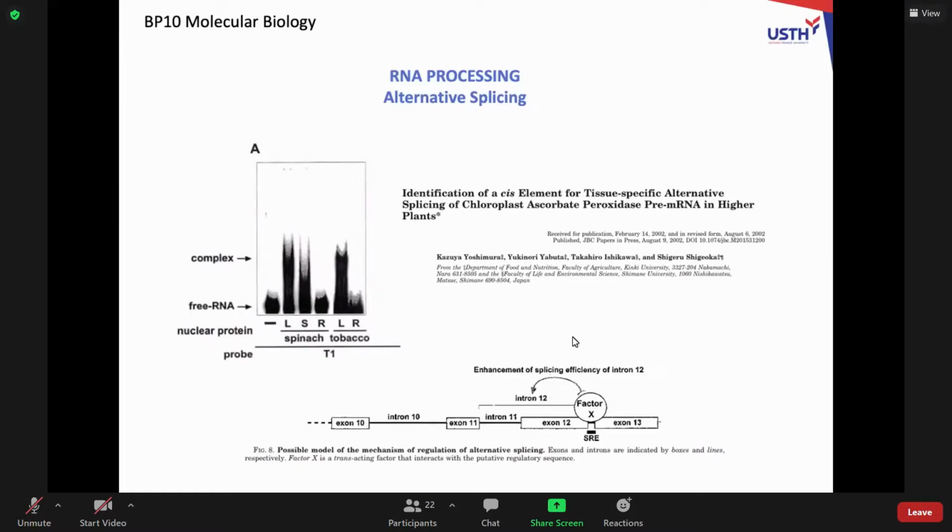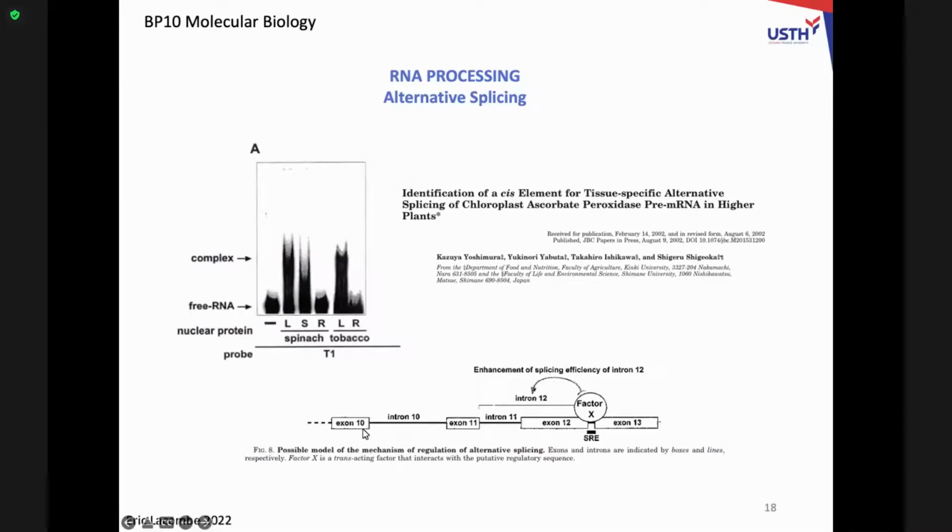So I shift back to the PowerPoint presentation to explain what they did in the context of this alternative splicing. At the bottom of the slide, you've got once again the same structure of the gene, the one that we saw before. So here there is this famous SRE sequence that they study.